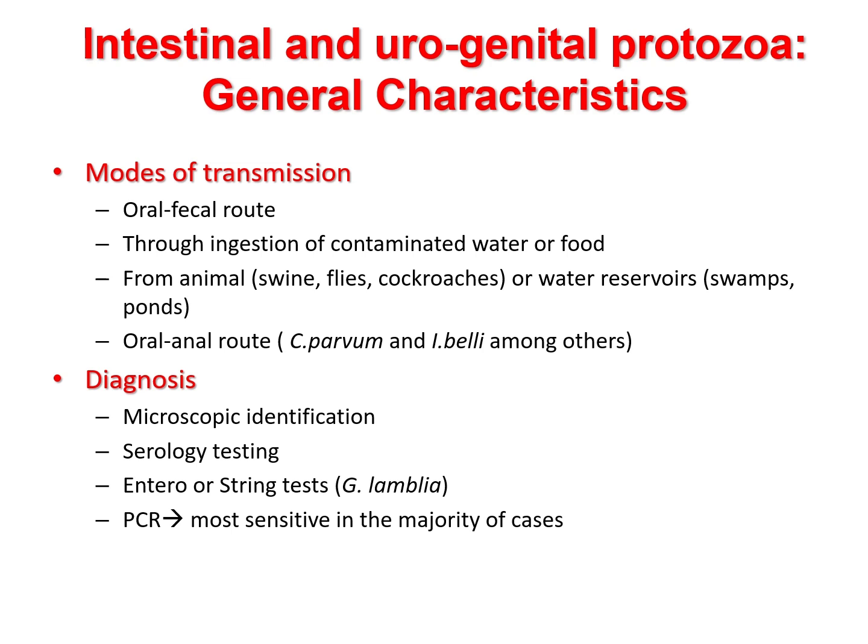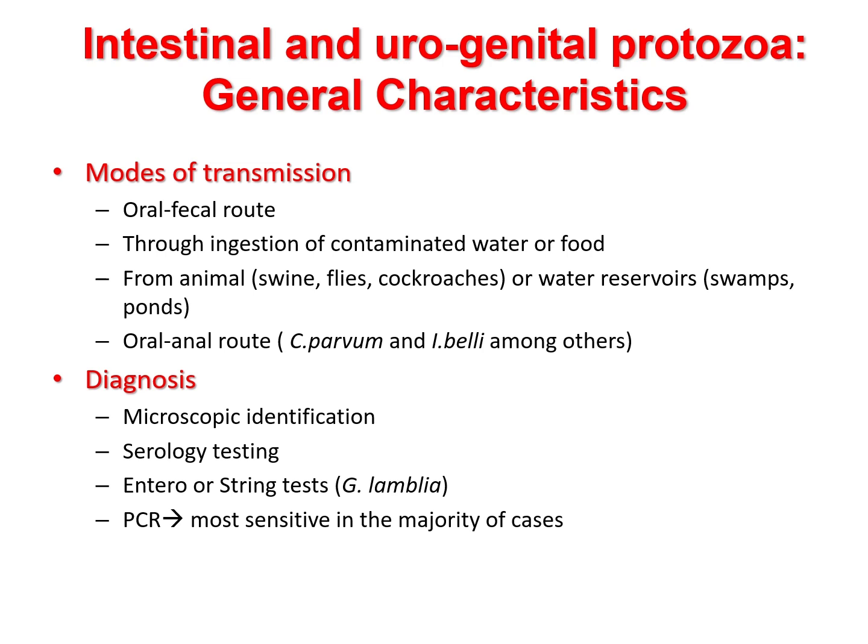As for the urogenital protozoan parasite Trichomonas, remember that the mode of transmission was mostly sexual transmission. For diagnosis of these urogenital and intestinal protozoa, we might have to use microscopic identification. There are also serology testing methods.